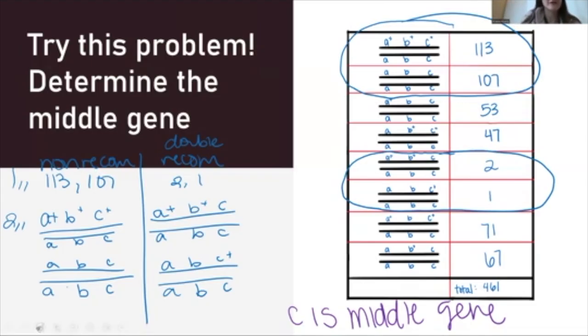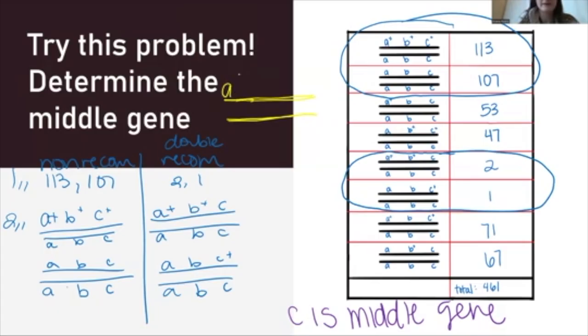So the last thing that I'm going to do is draw what the heterozygote parent would look like. So I know that from her non-recombinant kids, they have A plus B plus C plus. So that means that she had to have all pluses on the top and all no pluses on the bottom. So she was in coupling. And I know that C is in the middle.